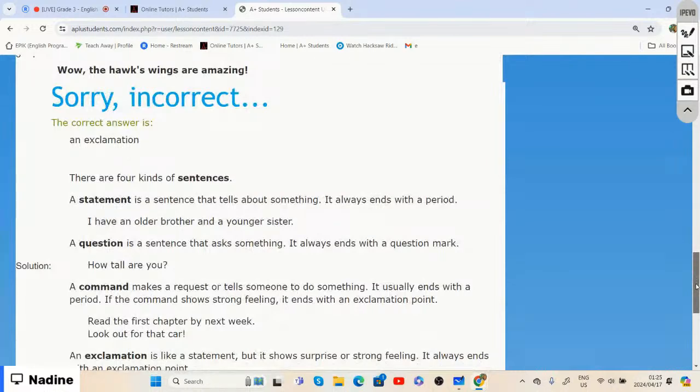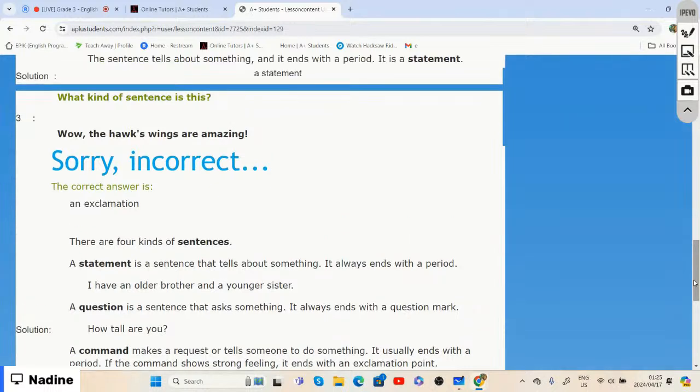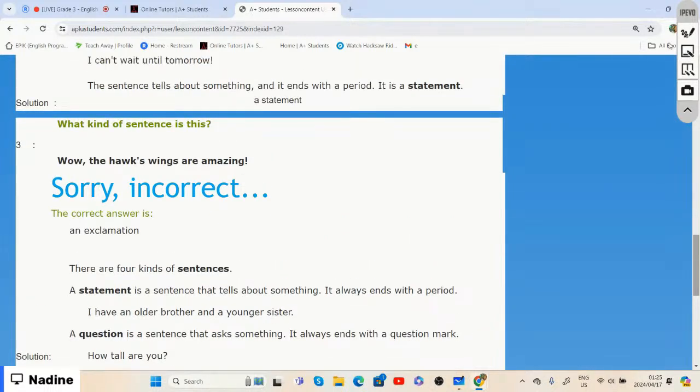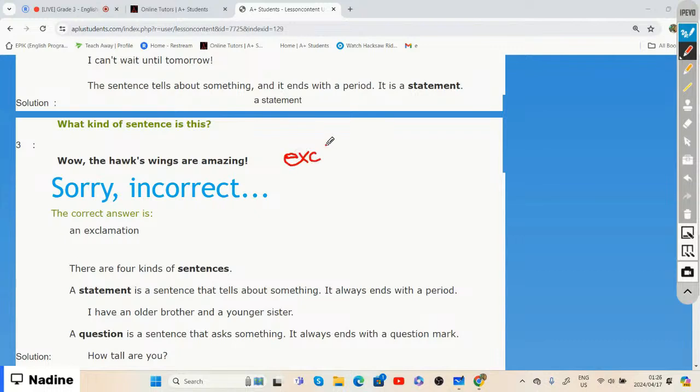All right. And if we choose the correct one, because most of you have given answers, right? Then yes, we can say this is an exclamation sentence. Right? It's an exclamation sentence and it ends with an exclamation point or exclamation mark. Right?